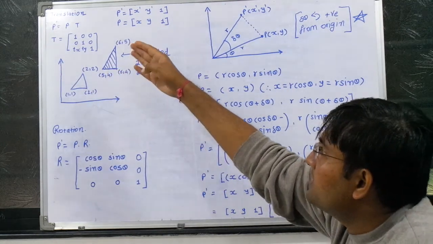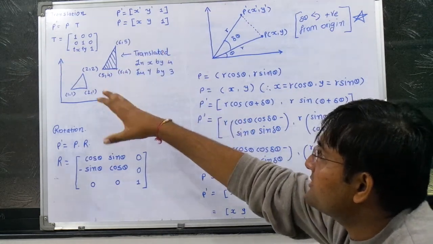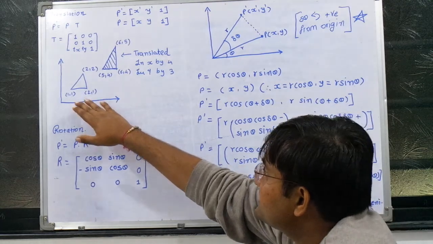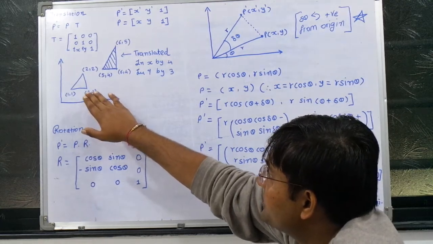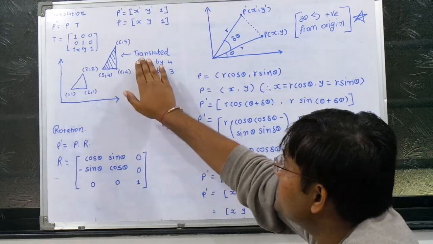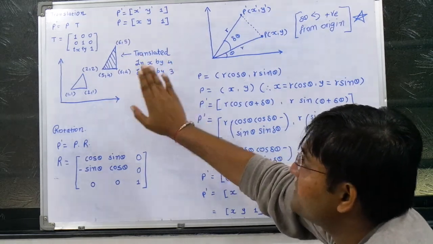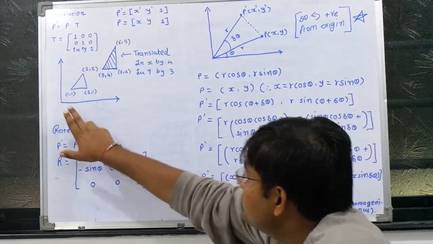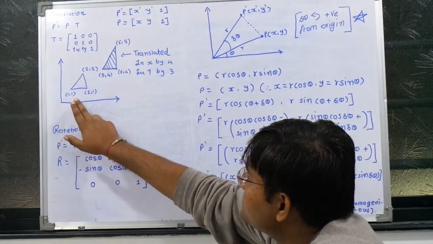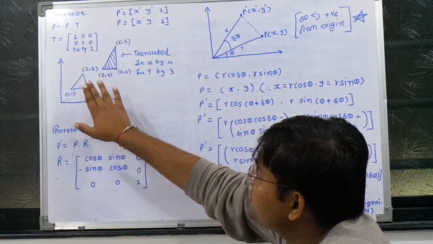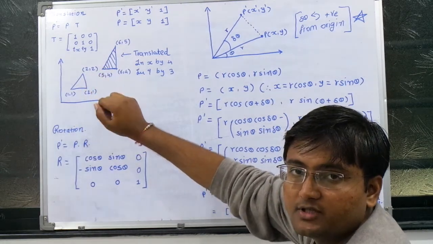First of all, translation means what? The translation means this triangle is to be translated in x direction by 4 units and in y direction by 3 units. Each position indicates the x and y coordinates of that point.